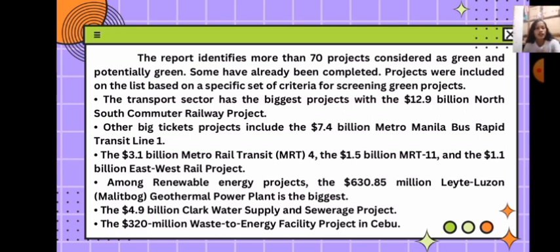So the first is the transport sector, which has the biggest projects, with a $12.9 billion north-south commuter railway project.